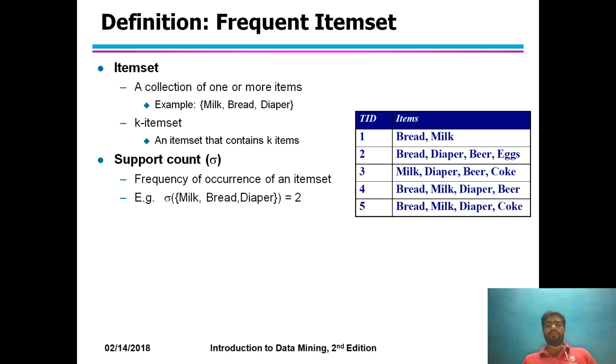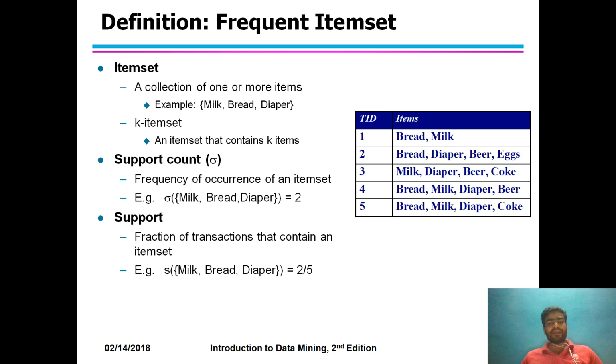Milk, bread and diaper is also bought by the fifth customer, that is transaction ID 4 and 5. So here bread, milk and diaper has a frequency of 2 times. So the support count sigma is 2 for this item set milk, bread and diaper.